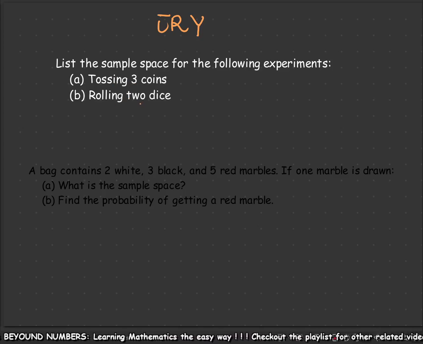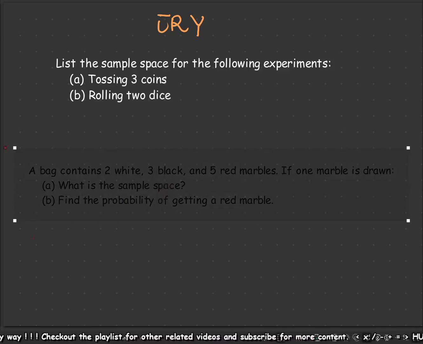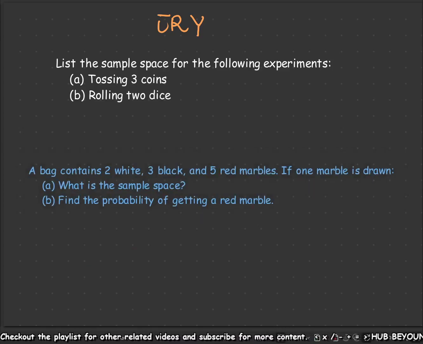You can just refer to it and enhance your understanding. Then a bag contains 2 white, 3 black, and 5 red marbles, right? If one marble is drawn, what is the sample space? And then the second one says find the probability of getting a red marble.